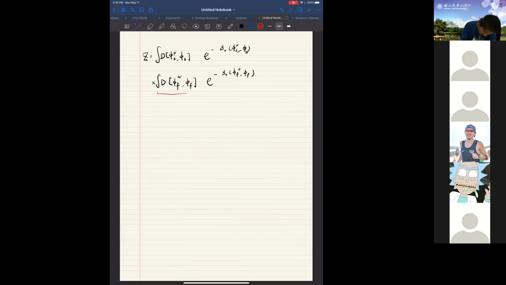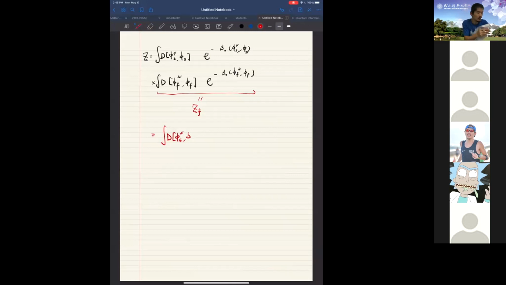So now, as a result, in terms of the slow mode, you have an additional term if you absorb the constant into the action.